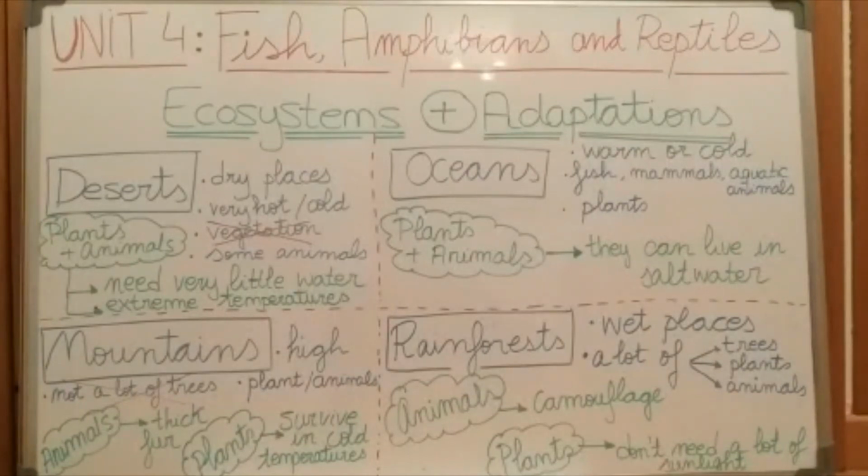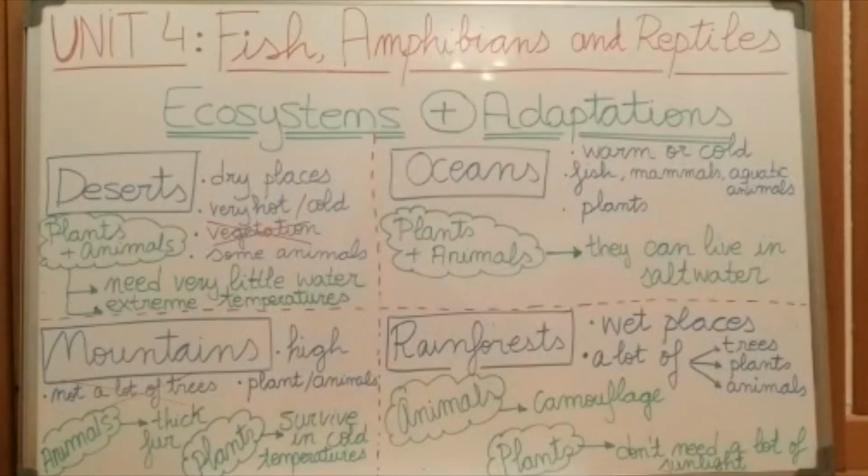They have to adapt themselves to live in the oceans. And why am I saying that? Because as you know, in the ocean, as I said before, we have salt water. So, plants and animals are adapted, están adaptados, for living in salt water. Okay? This is the adaptation for living in the oceans.